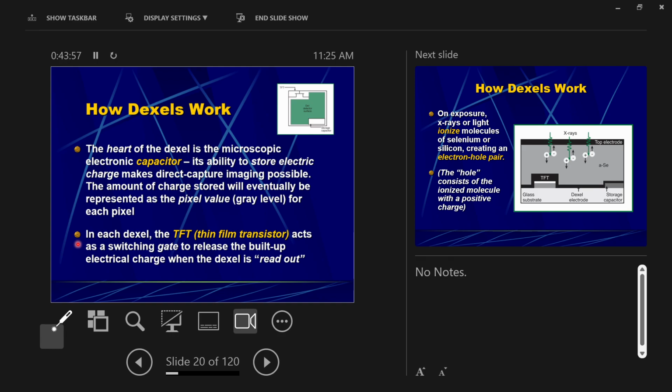Again, they can't all send at one time. And that's how the computer will do this. The computer knows which DEXEL is going to read out, and when it receives an amount of charge coming through the cables, it will know that amount of charge was from one specific DEXEL, so it'll put that shade somewhere on the screen in the correct pixel location.